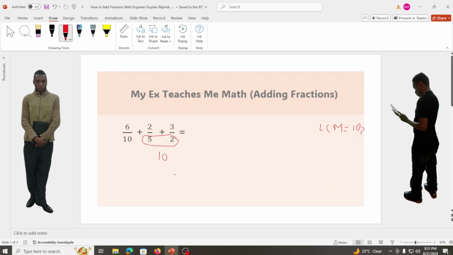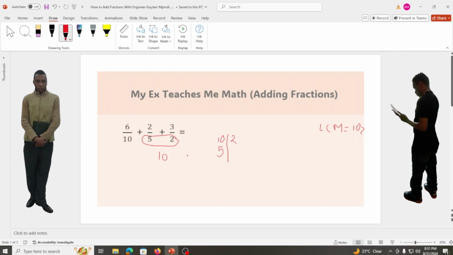So another way I can say that 5 can go to 10, 2 can go to 10. So if I do 10 divide by 2 equal 5, and then I stop right there. So I got 5 and 2.